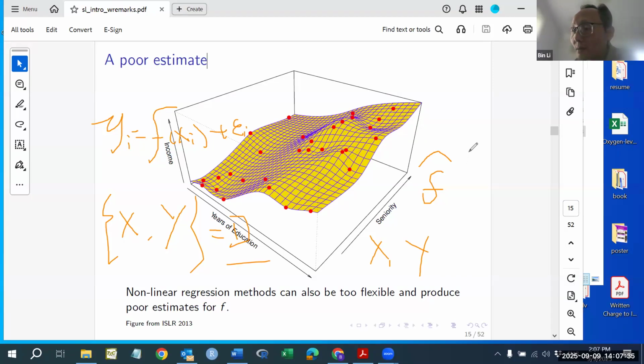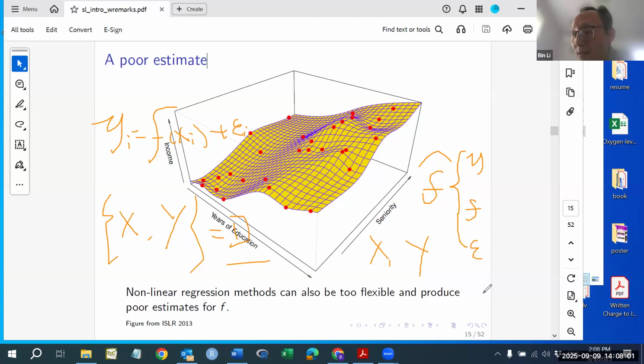Let me give you a multiple choice question. Just two choices, you pick one of them. F hat is an estimate of y, or f hat is an estimate of f. Which is correct? Or maybe I can add one more: f hat is an estimate of epsilon.